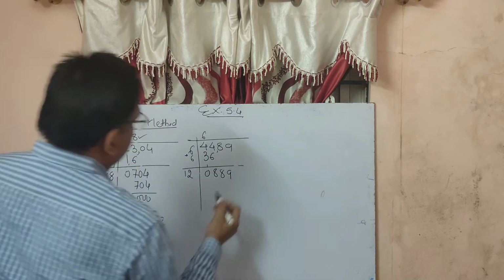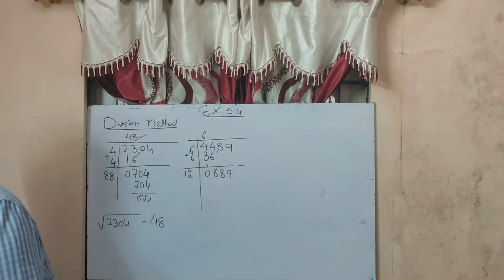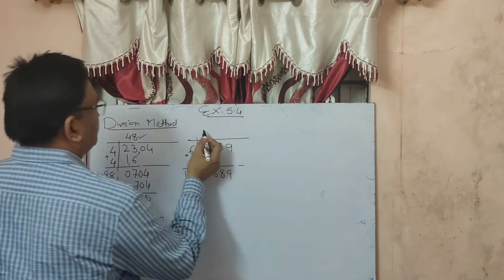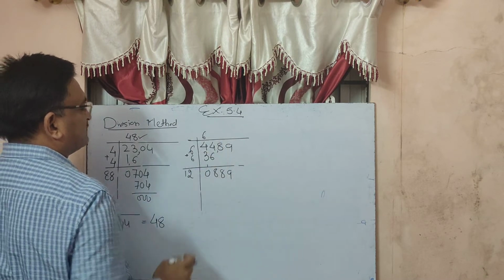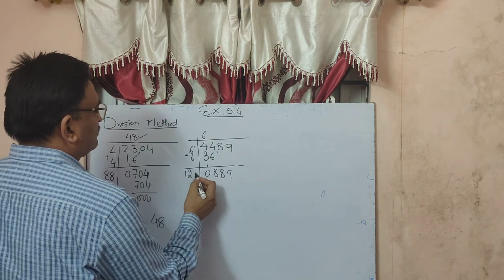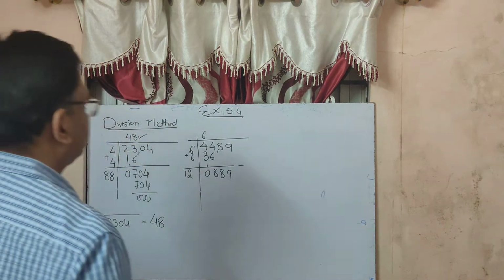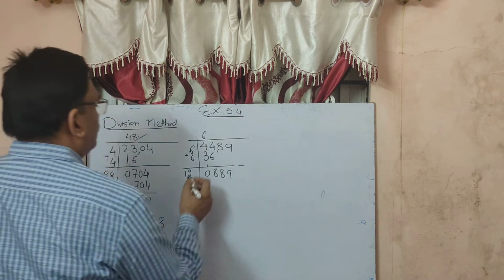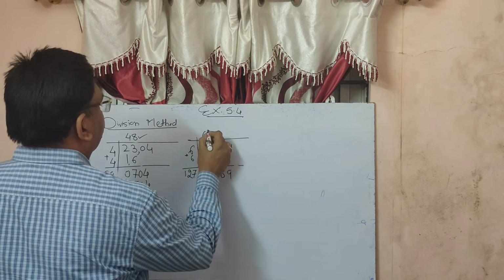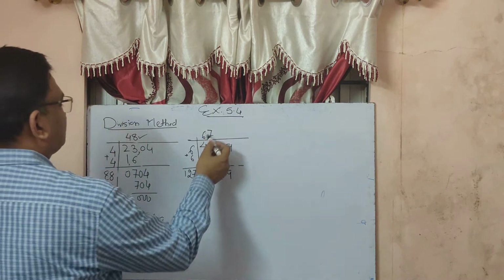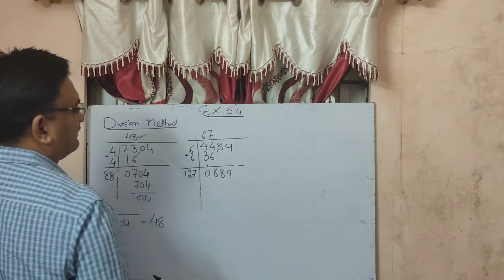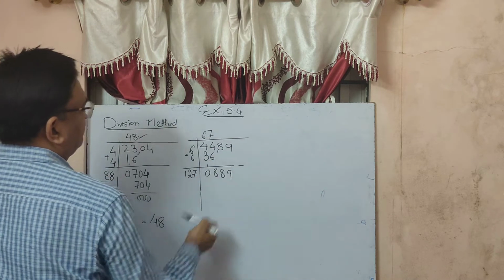So 889. Whatever you are going to write here, the same thing you have to write there. Now we check which one you can do. 127 sevens are, you can write 7, because 7 sevens are 49, and 3s are very less.